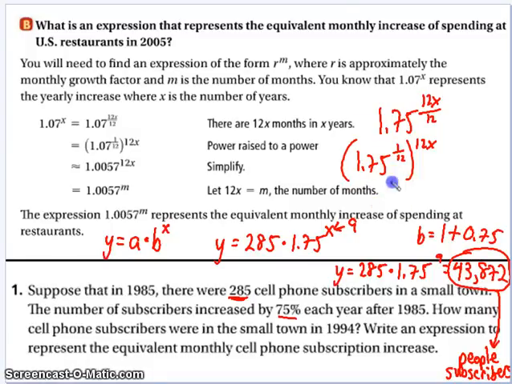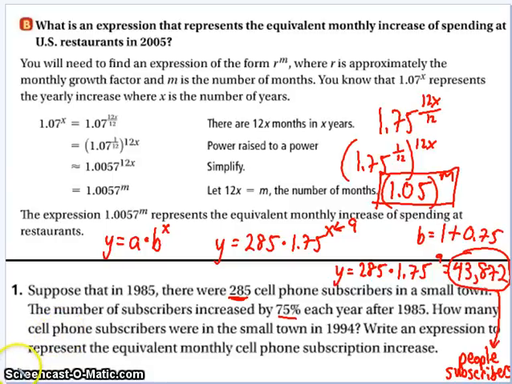When I did this, I got 1.05, and then I replaced the 12x with the letter m. So this is the answer to the second half of the question. I pull out 1.75 to the 1/12, leaving me with 12x. This becomes 1.05, and I replace 12 times the number of years with m, and that becomes the answer.